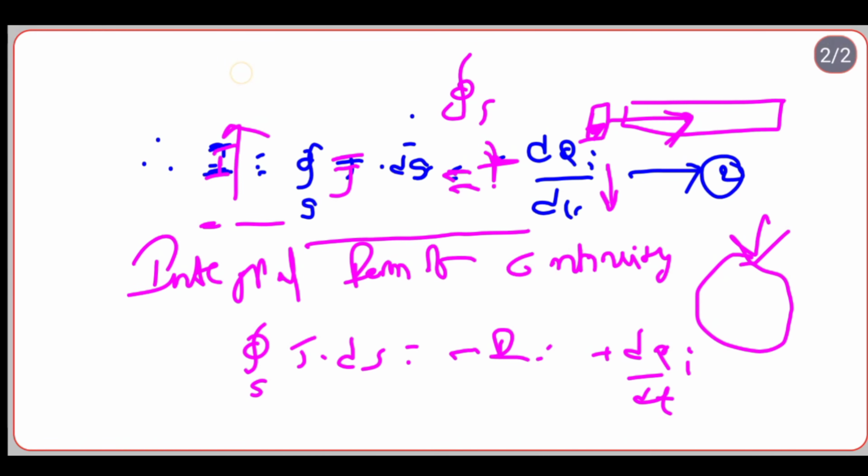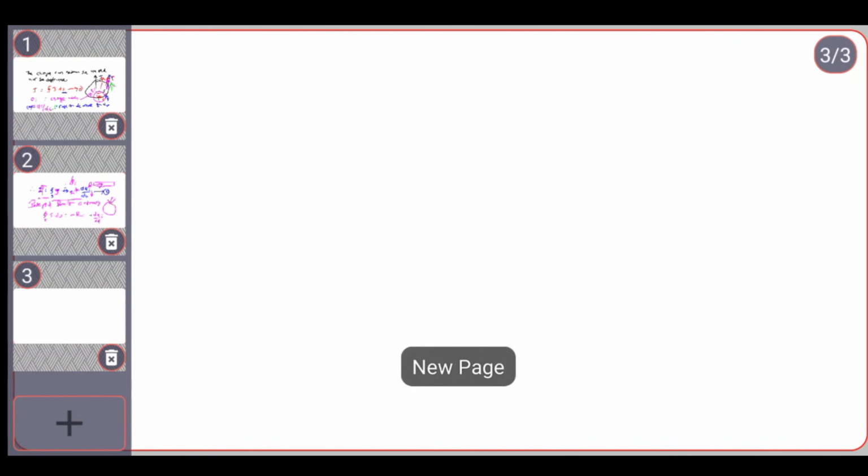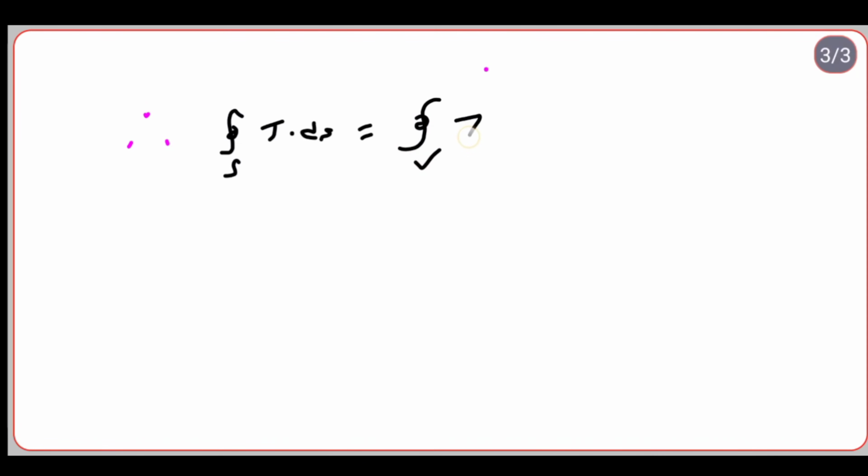Now we are applying the divergence theorem. According to the divergence theorem, surface integral J dot dS equals volume integral del dot J dv.